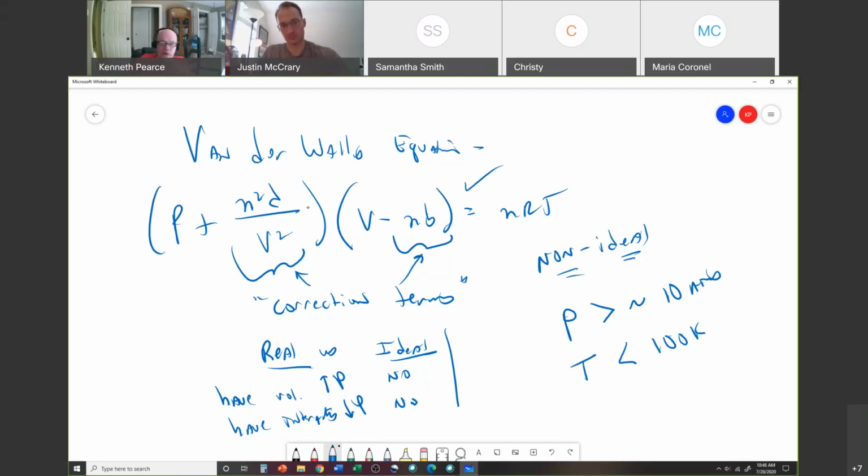I would only look at the van der Waals equation as an example of how you can take any equation, PV equals nRT, and apply corrections to make it fit better. The pressure term has changed. The volume term has changed. We're applying corrections to it, and there's a table for that.